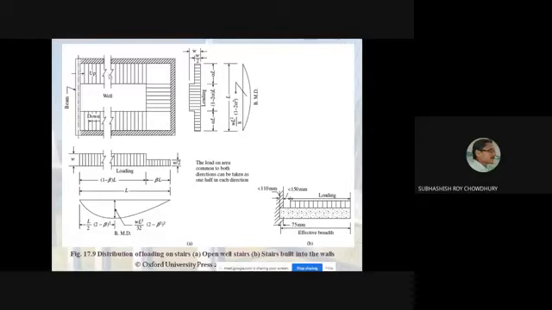Now, when you consider designing this flight, say it is supported here and here, you are considering some load over the inclined part and some load over this straight part, that means the landing part. Also when you design this flight, you will consider the load over this landing part, the load over this going part, and the load over this landing part.